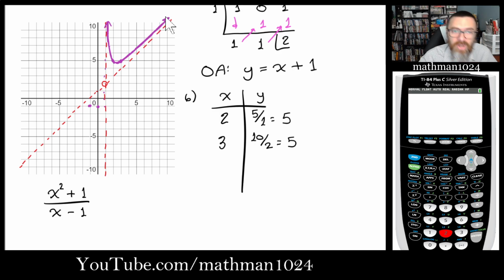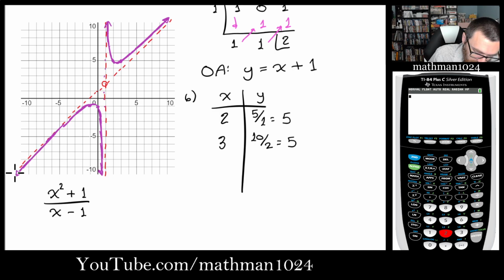If you go up far enough, that rational function compared to the oblique asymptote, those guys are going to be practically indistinguishable. All right, so we're going to finish this guy off down here. Make sure that you're graphing to the edge of the graphing window and put your arrows at the ends. So something just like that.